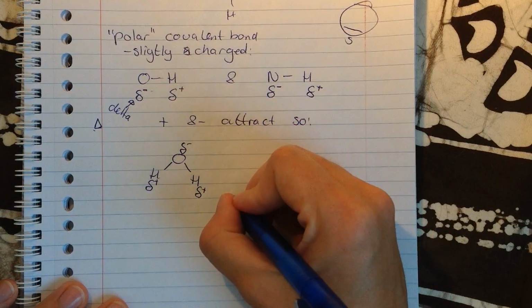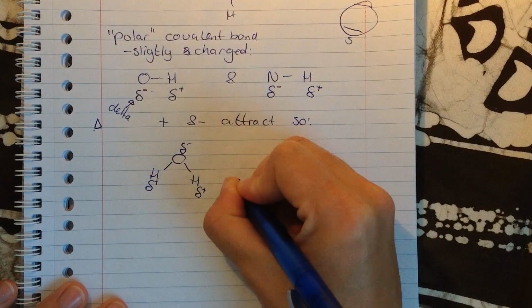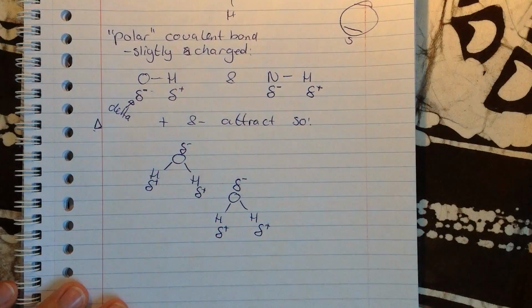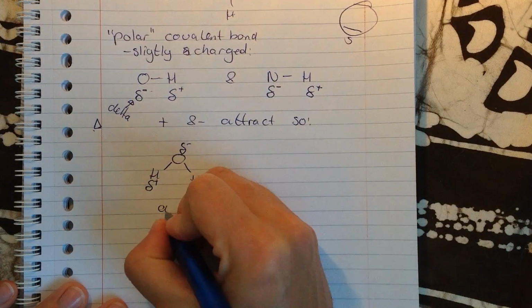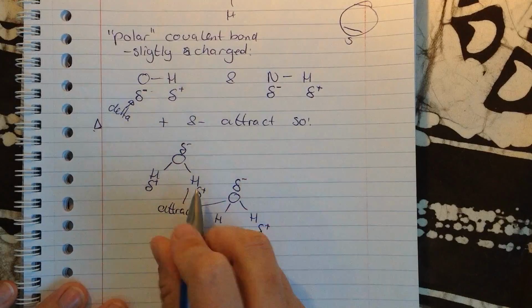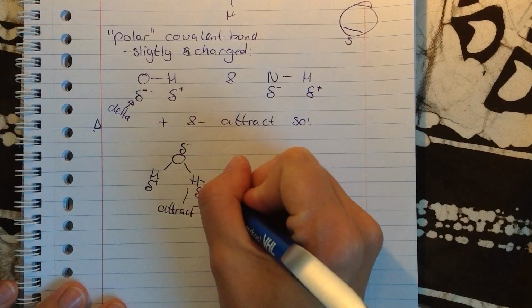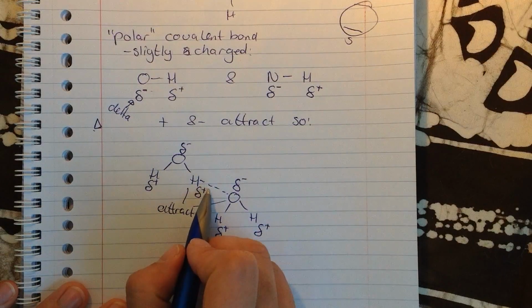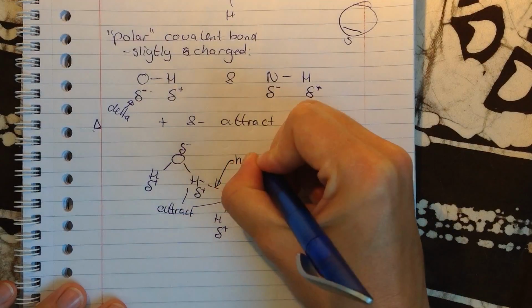When I add another water molecule, this is minus, this is plus, this is also plus, then those two attract. Minus and plus. Plus and minus attract. So then we draw this hydrogen bond with a dotted line. It is not exactly there, that is why you draw a dotted line. It is an attraction. So that is my hydrogen bond.